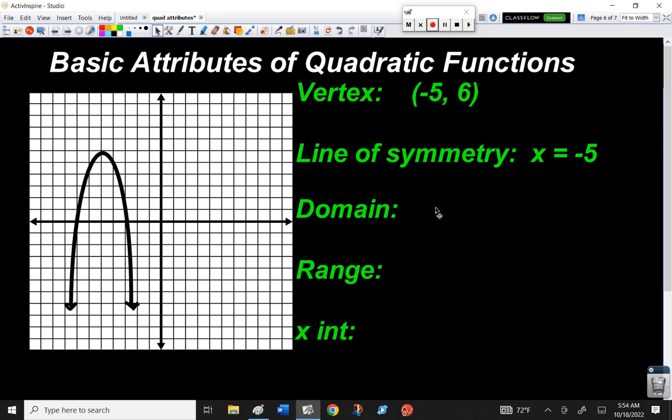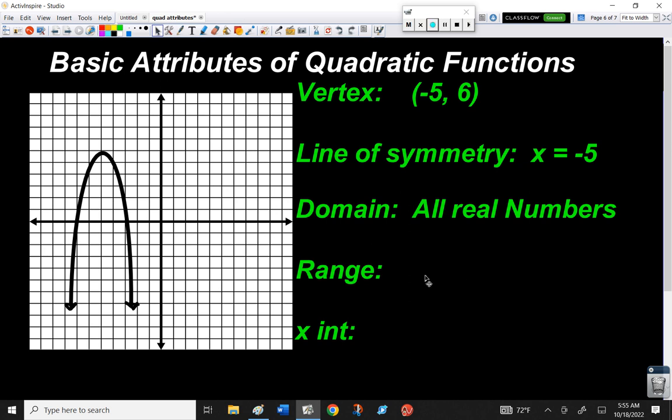The domain for this quadratic is, of course, all real numbers. Now the range. This quadratic or parabola is upside down. So the highest it goes is +6.